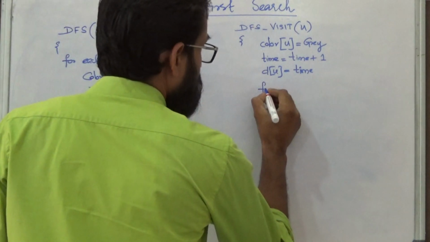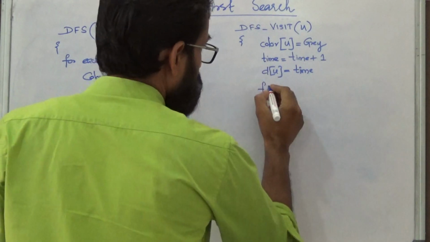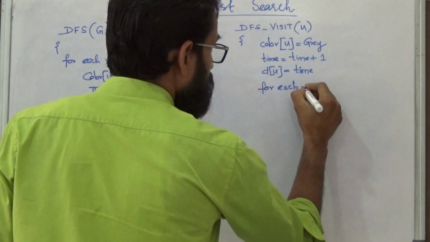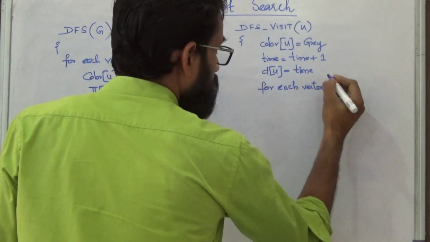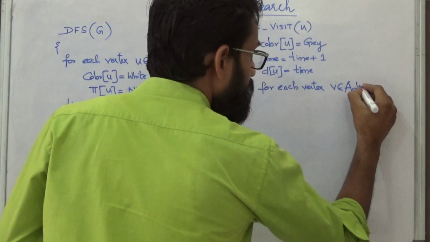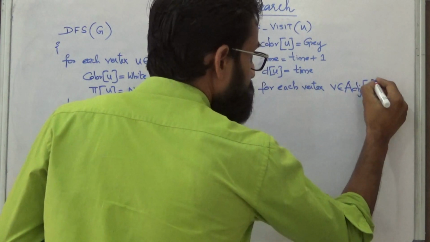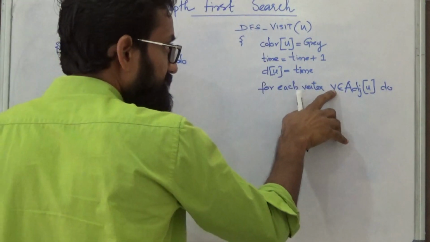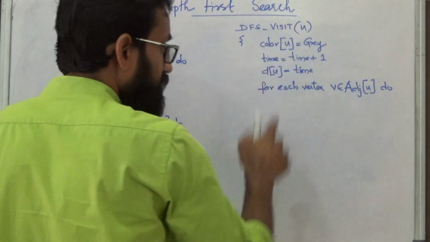So for that you can write the loop for each vertex v belonging to adjacent vertex of u. So we have to take each adjacent vertex of u.